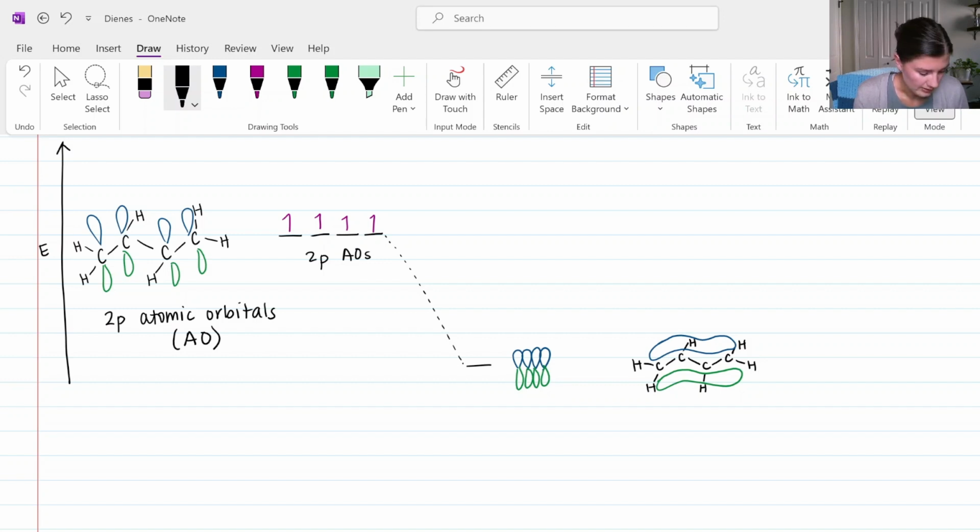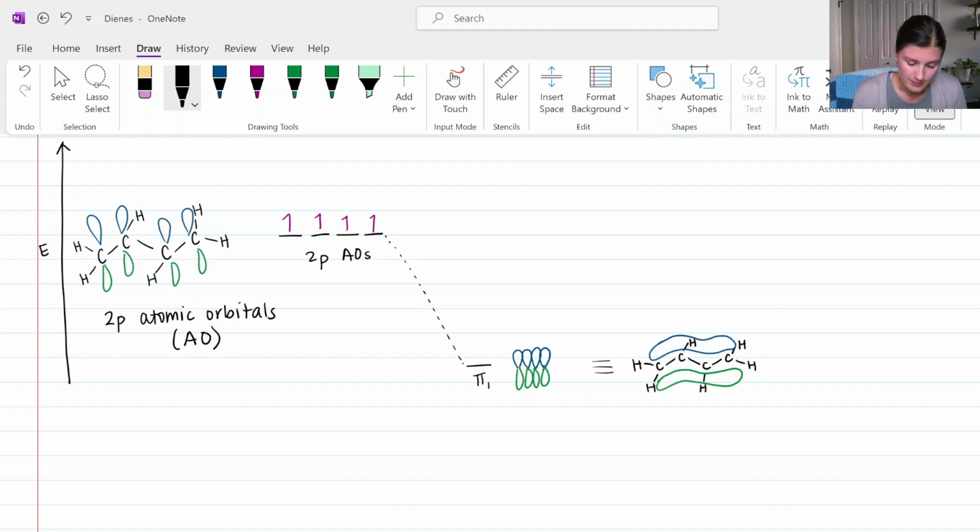And this is essentially the same thing that we are representing with that structure where we drew in the carbons and hydrogens. So this we'll call the pi 1 molecular orbital. The lowest energy, it has the best overlap.